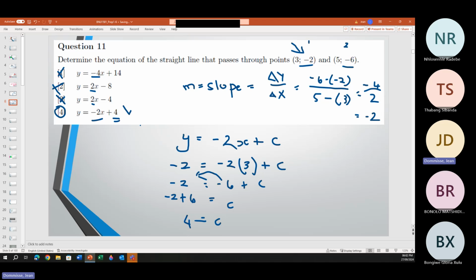Okay, so this just shows that, depending on what the formula is and what information they give us and what the answers are, you might not always need to go and work out all the details. It might just be enough to look at the slope, because then you already have the answer.